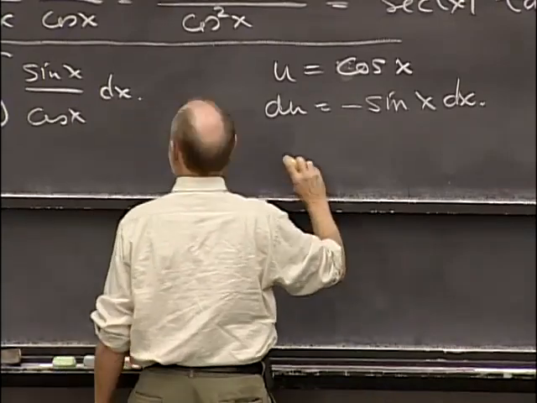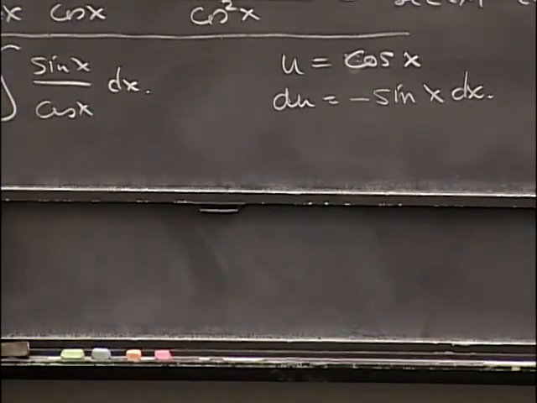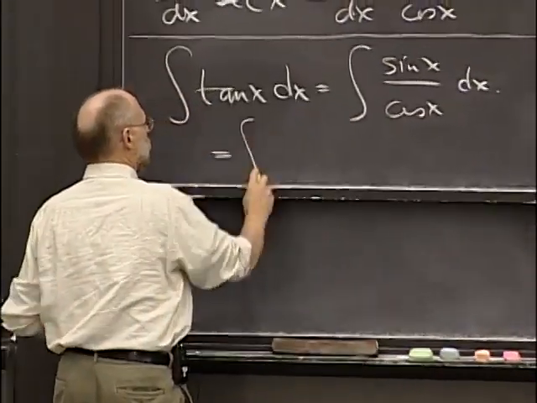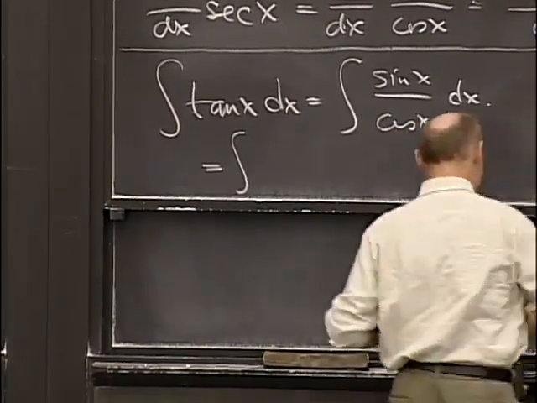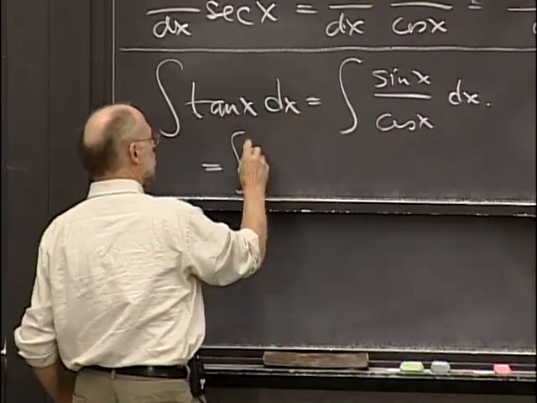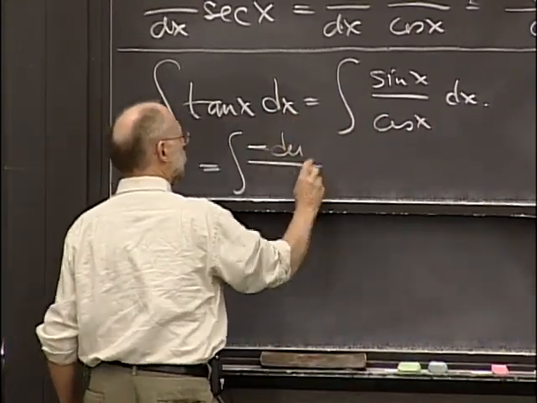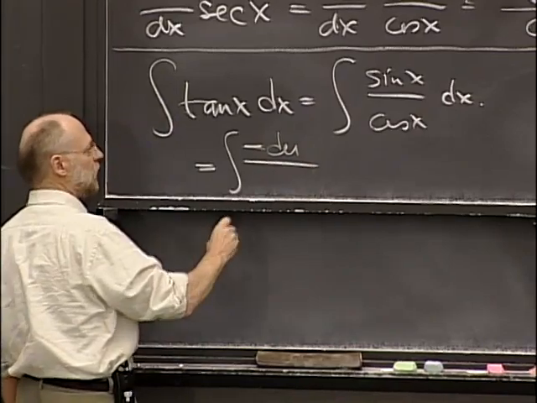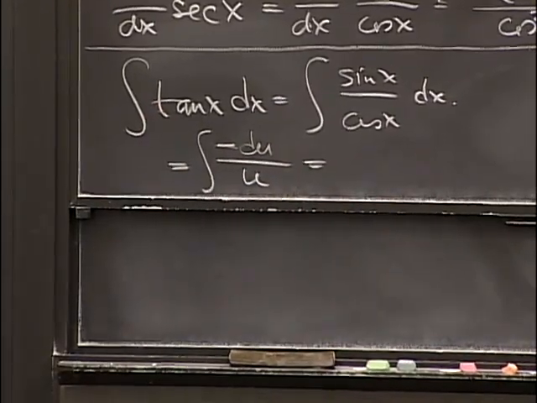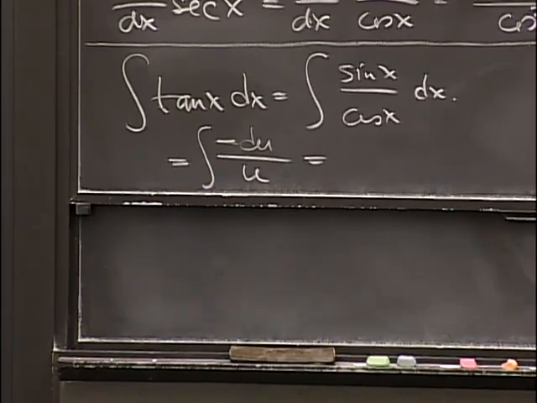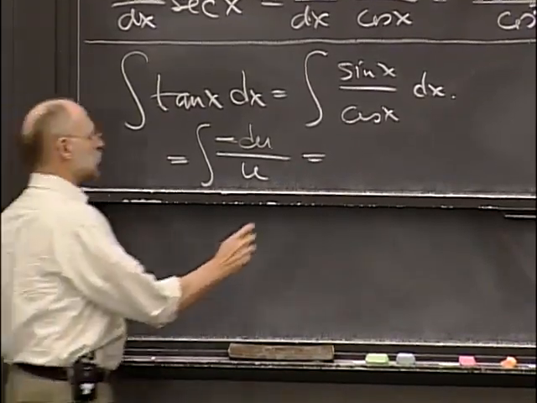And so I can rewrite this, under this substitution, as minus du divided by u, since sine x dx is minus du. Well, I know how to do that integral too. That gives me the natural log, doesn't it?